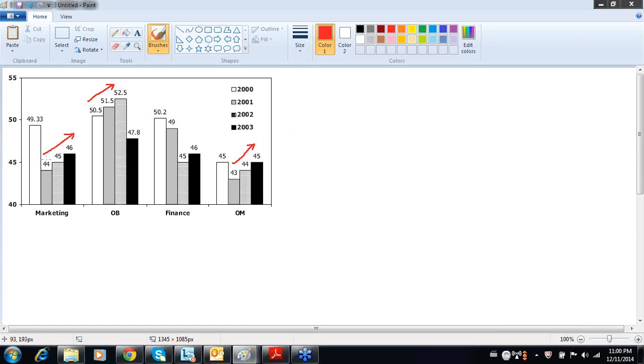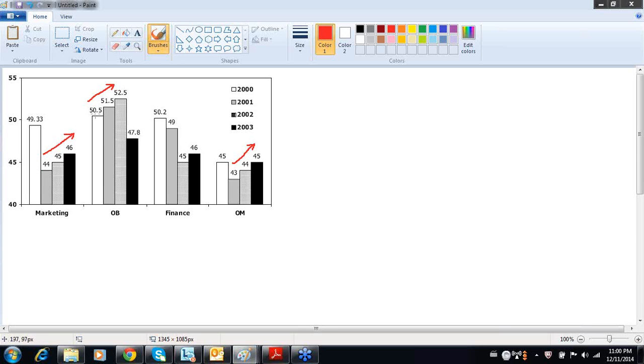So if you see here, the average age was 49.33, so that means in 2001 somebody joined, because the joining age of that person is 25, so the average age dropped, and from that time on, the average age is increasing by 1 year, so nobody retired after that point in time.